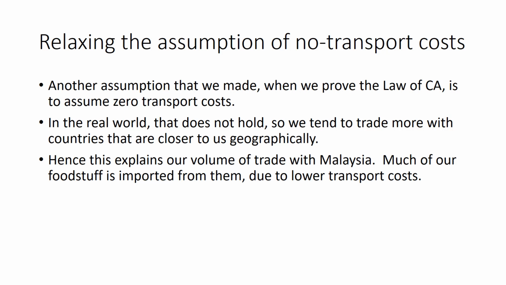But because to transport crude oil from one place to another, the transport cost is also pretty high, even though Brunei may not have the lowest opportunity cost in producing crude oil, the transport cost makes it such that it is still cheaper for us to get most of our crude oil from Brunei than to source it from a Middle Eastern country.